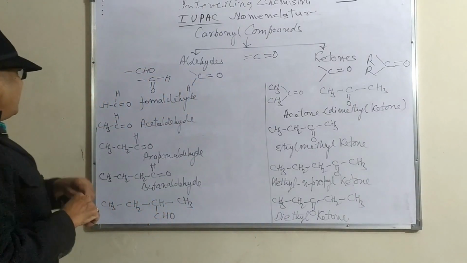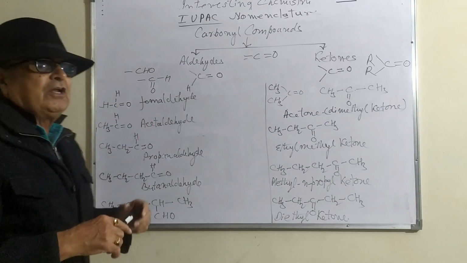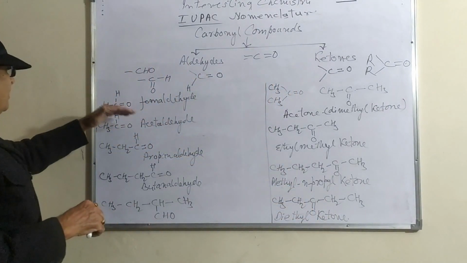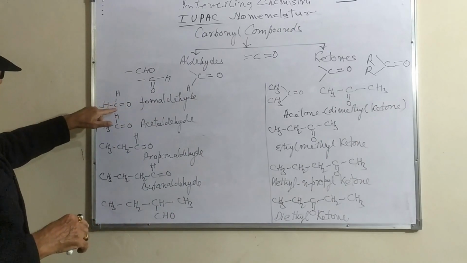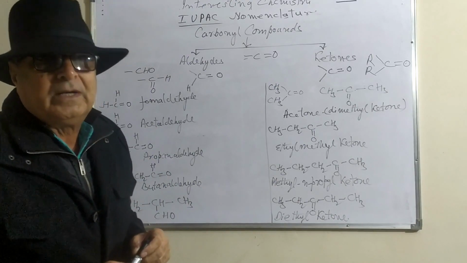Here I have given you some examples of aldehydes, and their traditional or old names are written here. This one is HCHO, the name of this compound is formaldehyde.